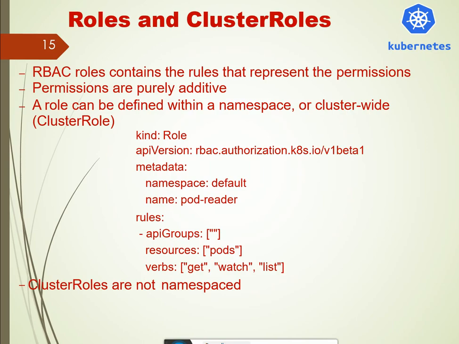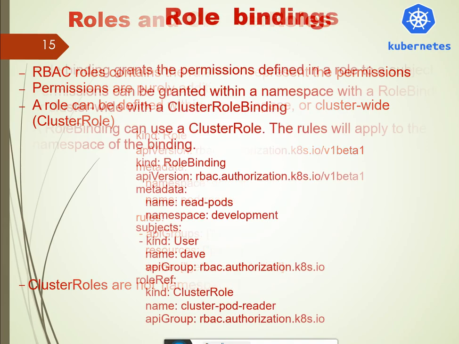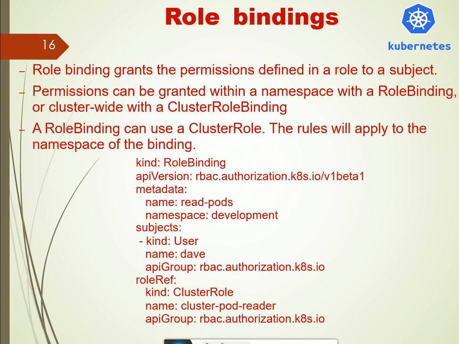Now proceed to the next. Role binding. Role binding grants the permission defined in a role to a subject. Permission can be granted within a namespace with a role binding, or cluster-wide with a cluster role binding. A role binding can use a cluster role.